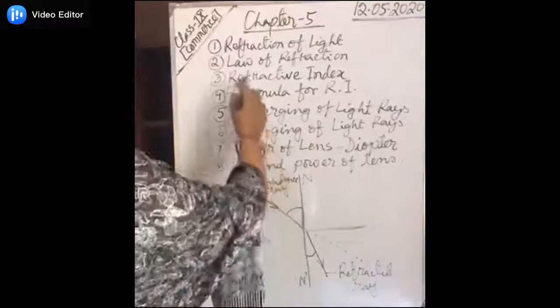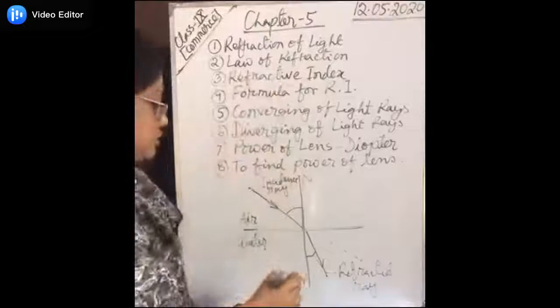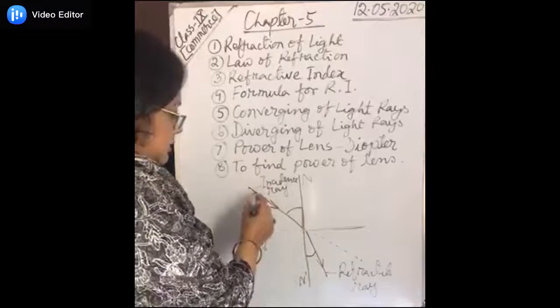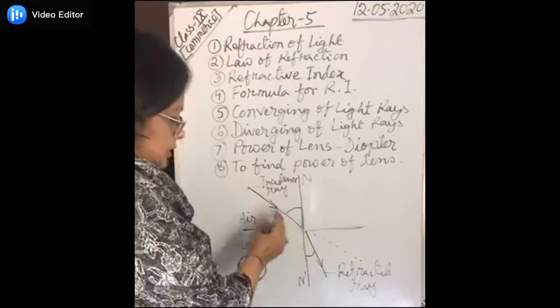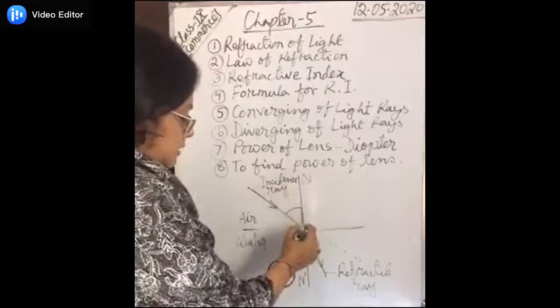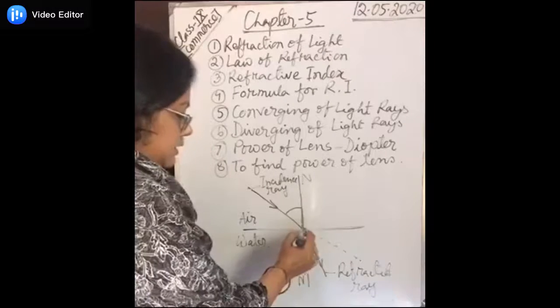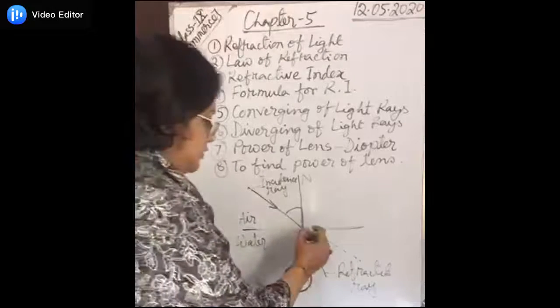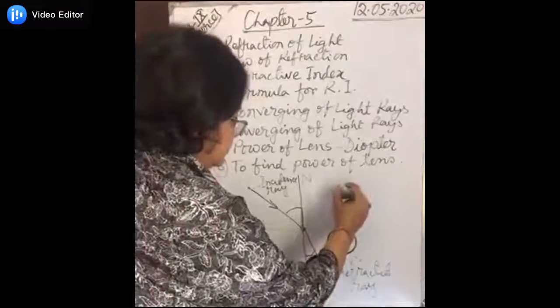Look here, we are talking about the law of refraction, and here the incident ray, the refracted ray, and the normal, that means the perpendicular, are all at the point of incidence. What is the name?